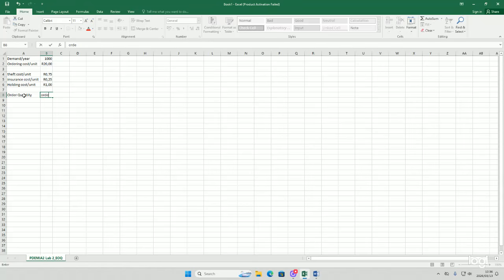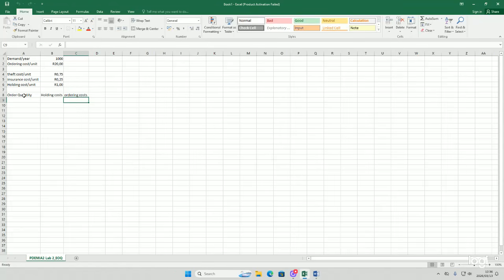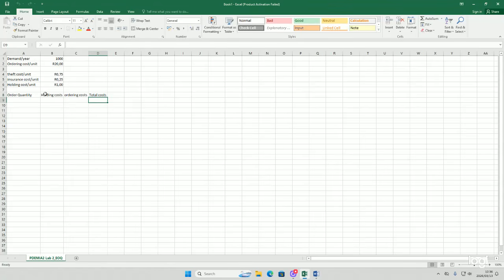Okay, let's start with holding costs. You have your holding costs, and then you would have your ordering cost, and then here you would have your total cost.